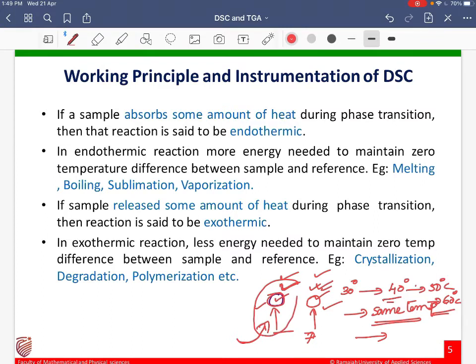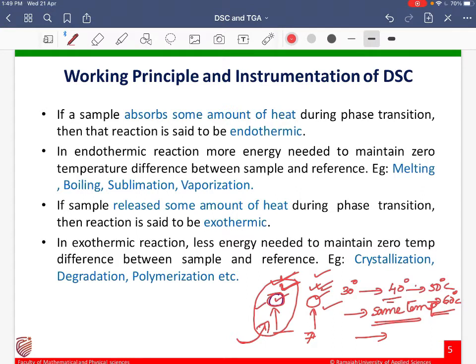Now you see that this sample took more heat, so there will be a heat change we will be able to observe in the sample when it reaches its melting point. So this reaction is an endothermic reaction.